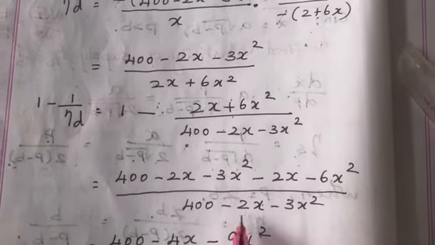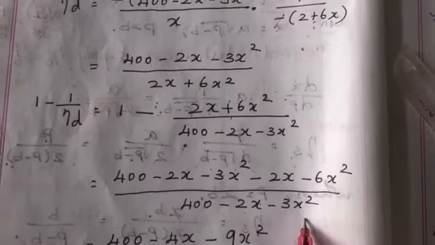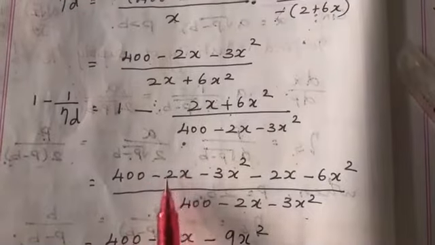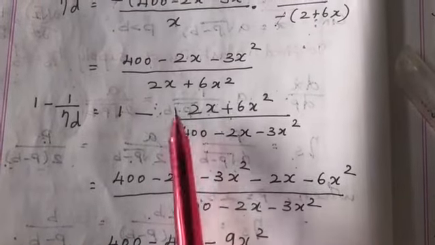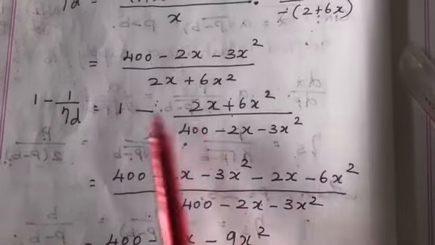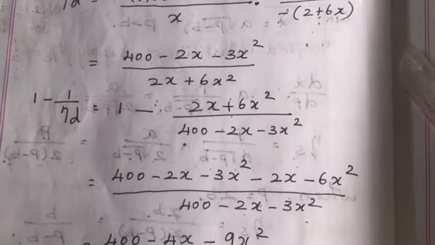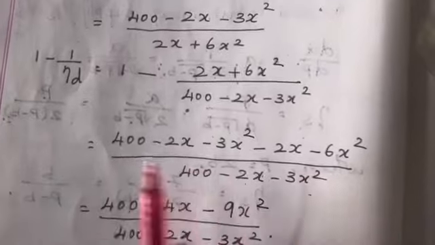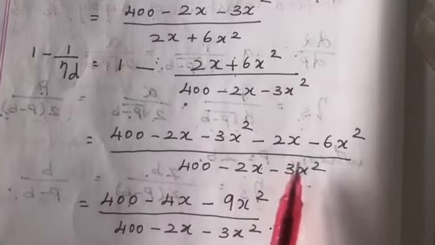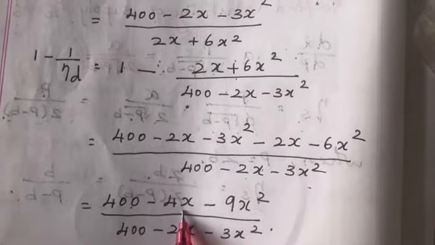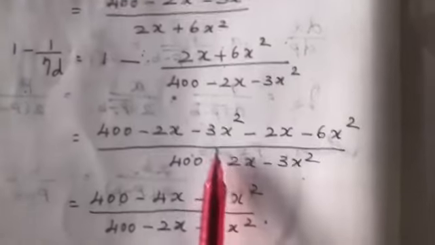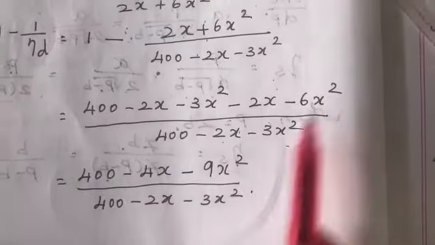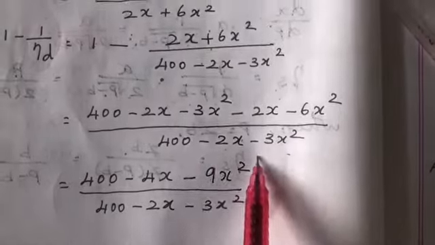So 400 minus 2x minus 3x square, here minus 2x, it is minus 6x square. So while simplifying this, 400 minus 2x minus 2x is minus 4x, minus 3x square minus 6x square, it is minus 9x square.